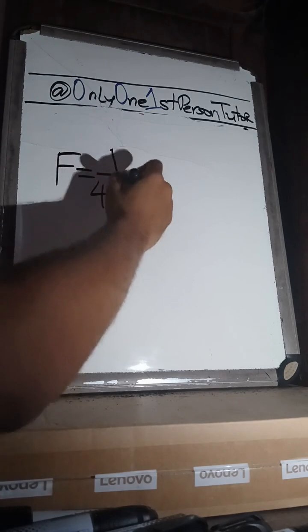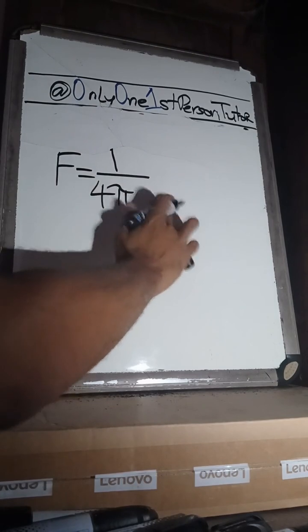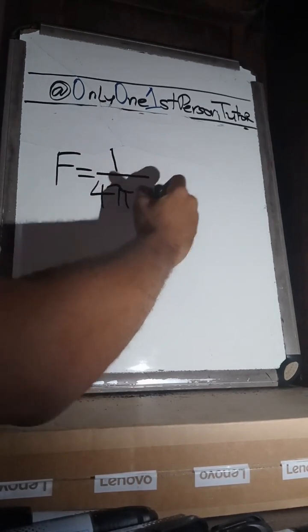Okay. So let's write what it says. F is equal to one over 4 pi some kind of E, then you have this, and these are being multiplied, by the way.